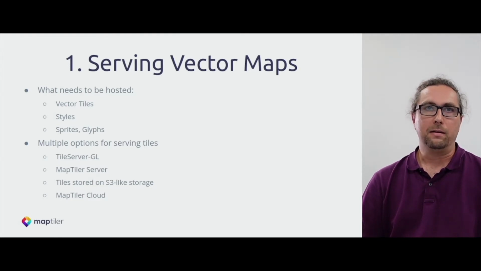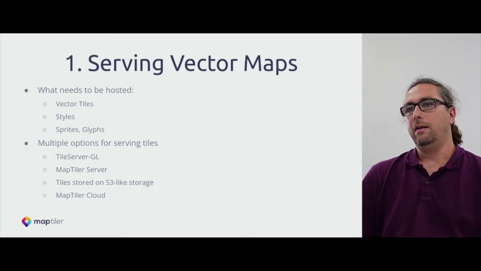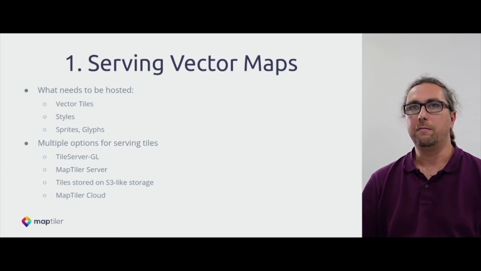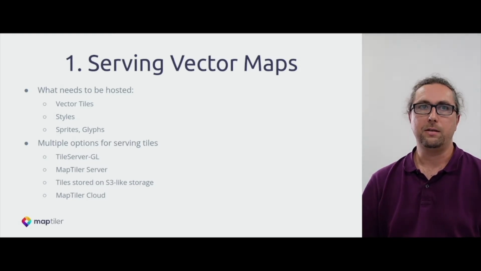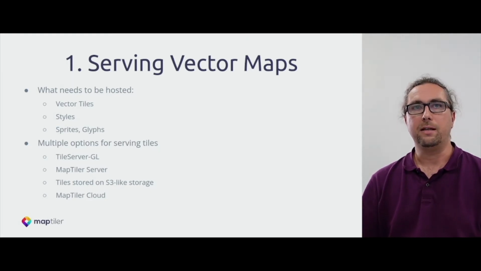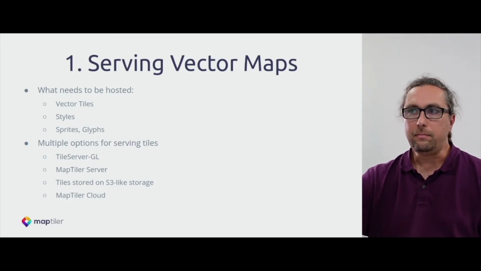The style must follow the Mapbox style specification, and it must include information about sources, that means from where you load the data, and information about layers, that tells the rendering engine how to present the data on the screen, how to draw the lines, how to draw the points, decorate them, and so on.